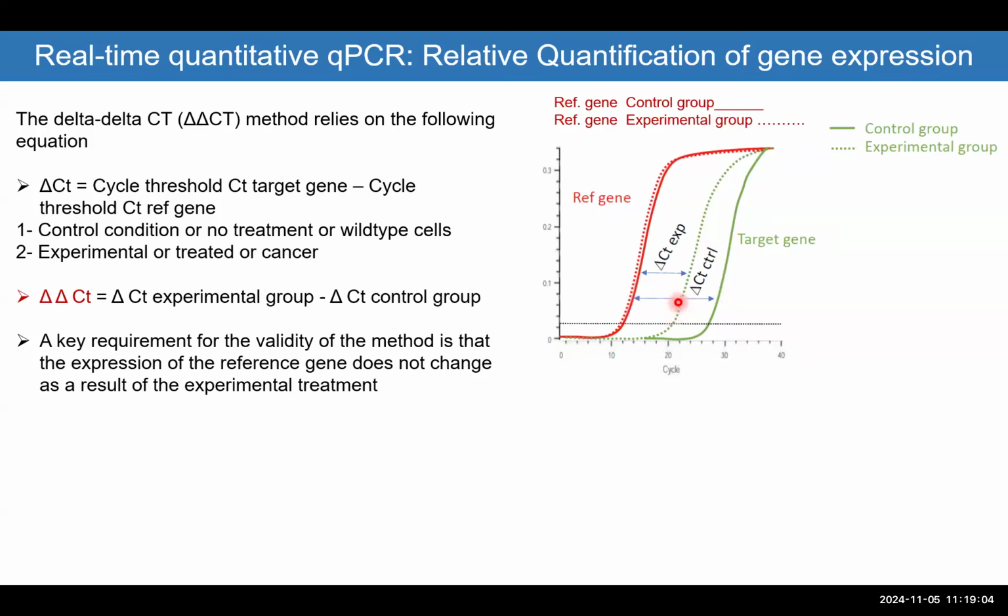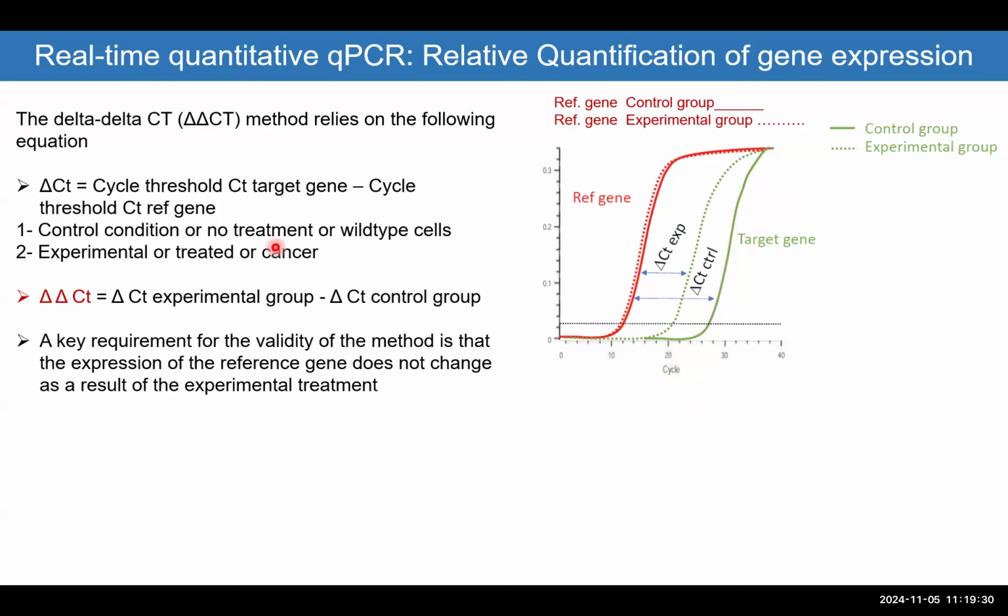And the way we do that, we get the delta CT threshold. So we get the comparison of the experimental condition to the control gene in the experimental condition. This is number 2. And then we do the cycle differences between the control condition and the reference gene.